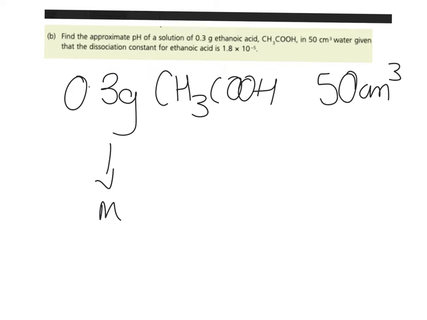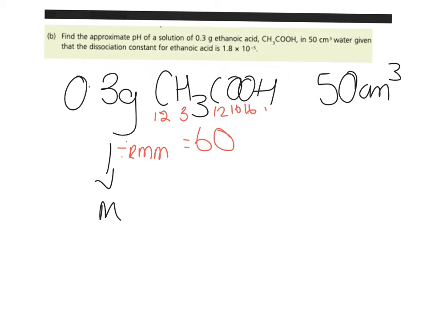I need to divide by my relative molecular mass. So my relative molecular mass of ethanoic acid is 60. Carbon is 12, hydrogen is 1, but I have 3, oxygen is 16, and I have 2, and we have our final hydrogen down here. Adding all of that up, you get 60.